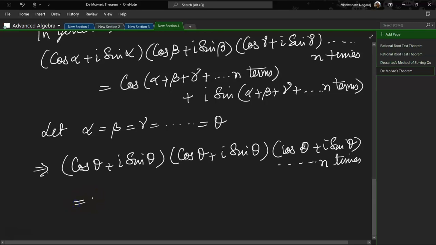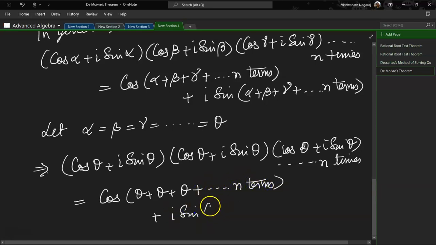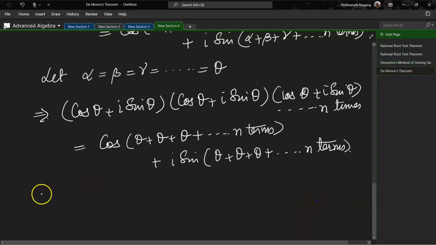And this would be equal to what? Again, we replace all these alpha, beta, gamma with theta. So this will become cos of theta plus theta plus theta and so on up to n terms, plus i sin of theta plus theta plus theta up to n terms. So which means we can write this now as what?